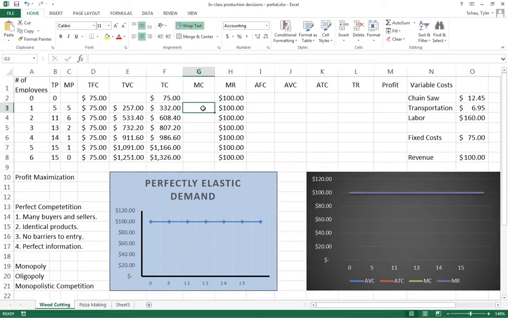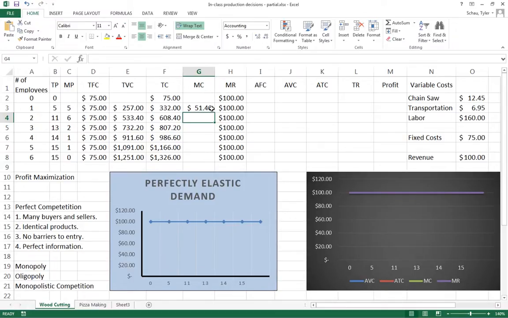Okay, so since the calculation is change in total cost, I'm at $332 in total cost now. When I had 0 employees hired, I had $75 in total cost. And then divide that by the amount of output. So the change in output, I'm producing 5 units or cords of firewood now, whereas before when I had no one hired, I produced 0 cords of firewood. That's saying $51.40 is my marginal cost.